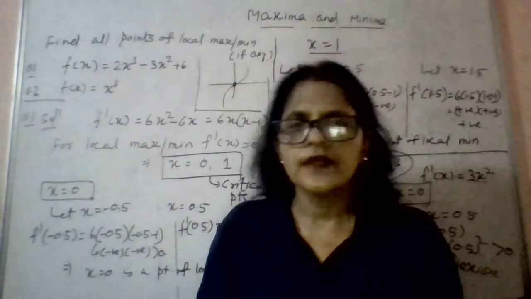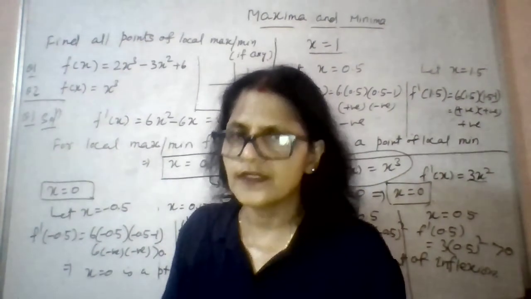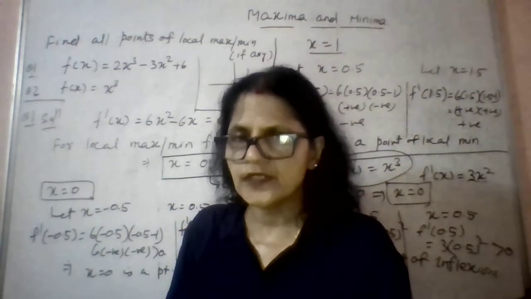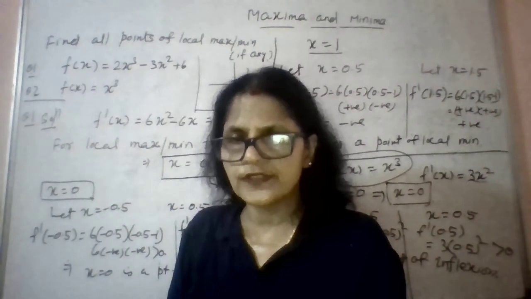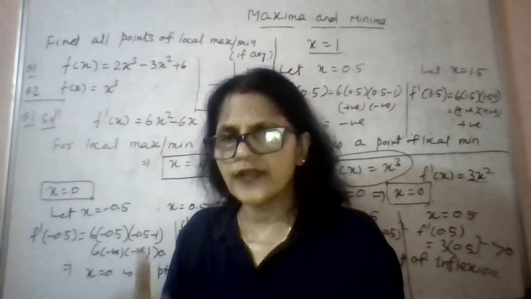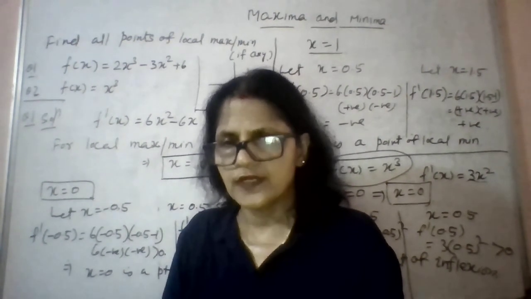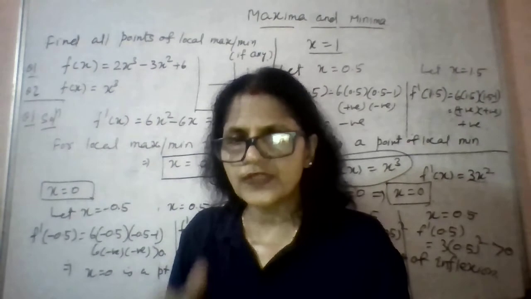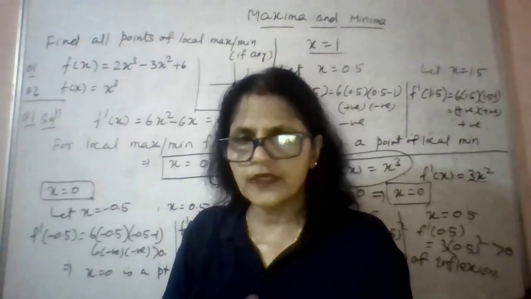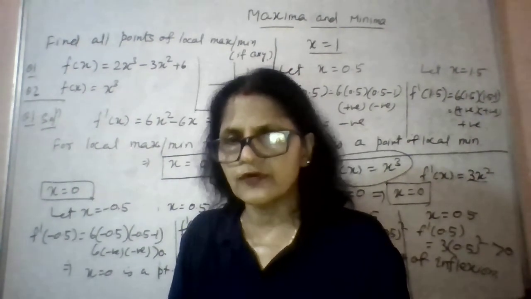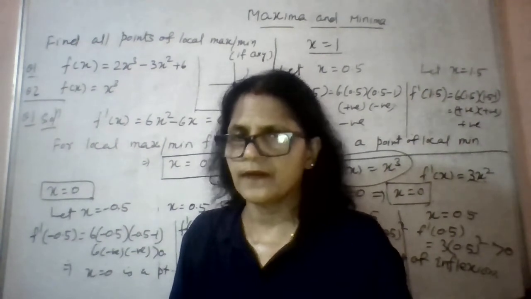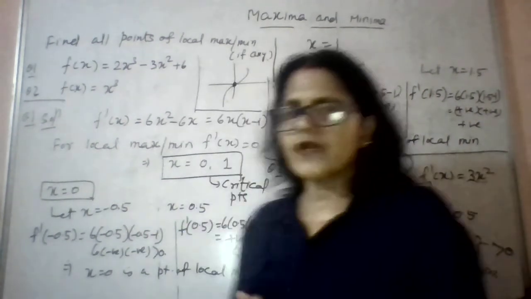So basically, in layman's sense, point of inflection means the point at which there is a sudden, transitional change, the point where the curve changes its shape either from concavity to convexity or vice versa. Okay, so this is one of the examples.